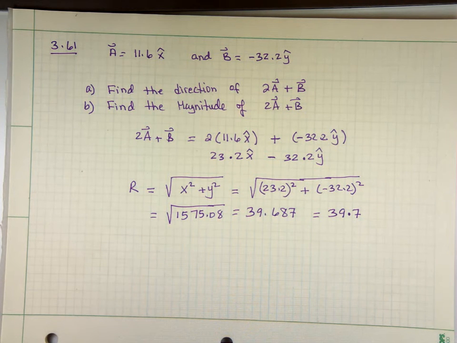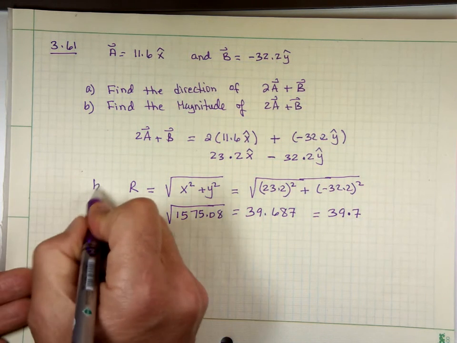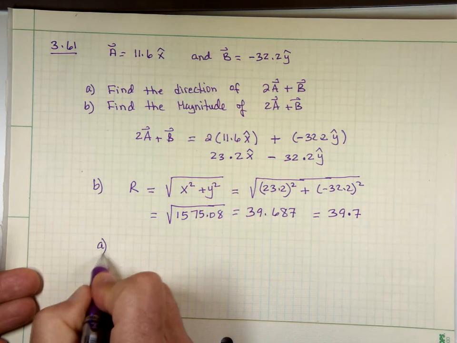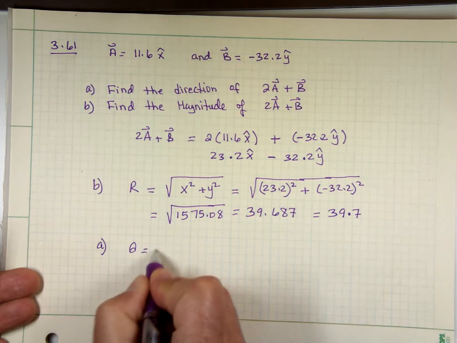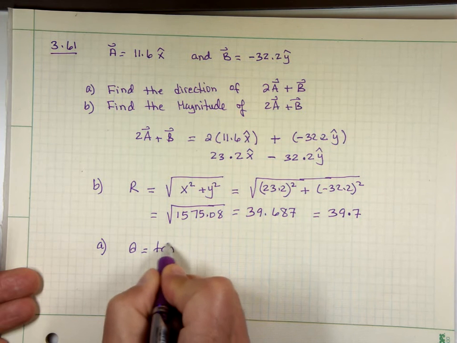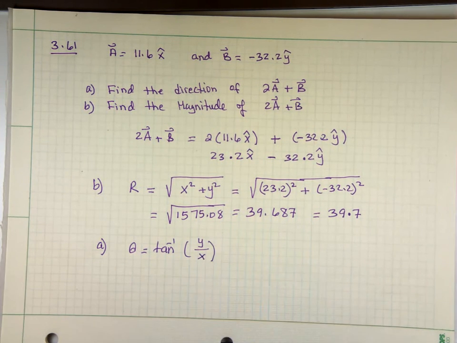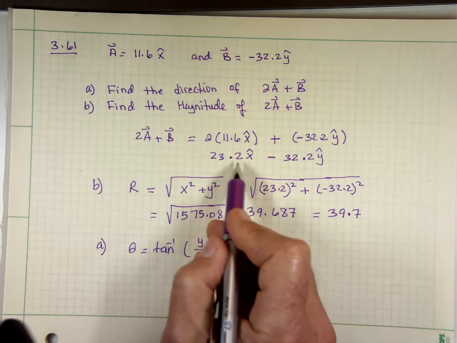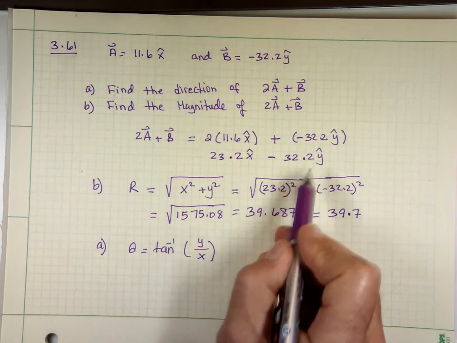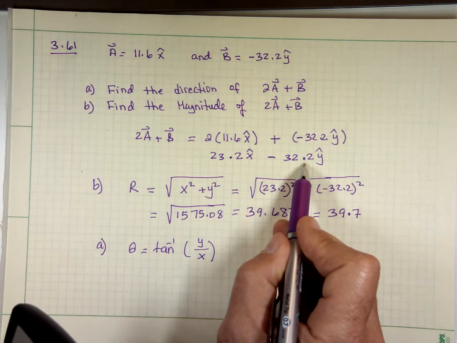Can we find part A, theta? So this is part B here. Part A, theta. Theta is the inverse tangent of the y value over x. Now, do we add 180 degrees here? Well, let's look. Which quadrant are we in? X is positive, y is negative. Quadrant 2. Try again.